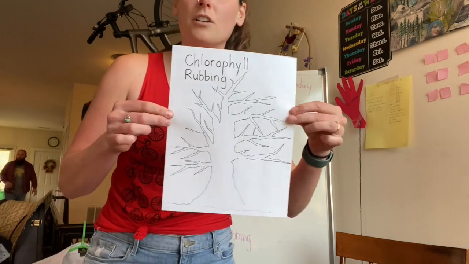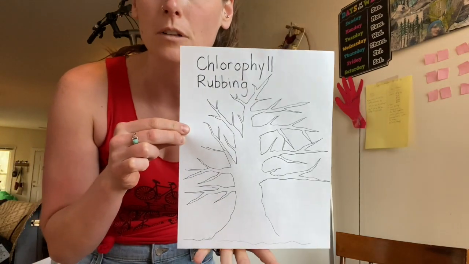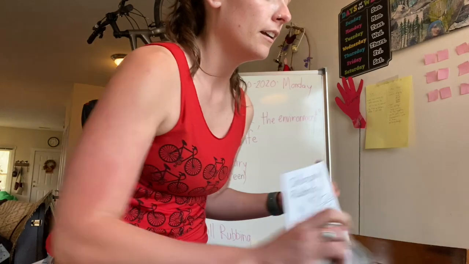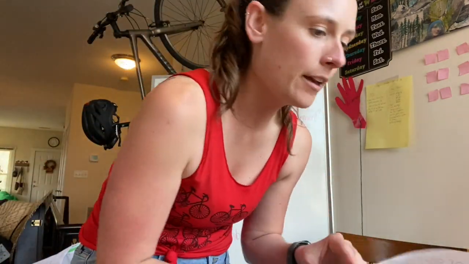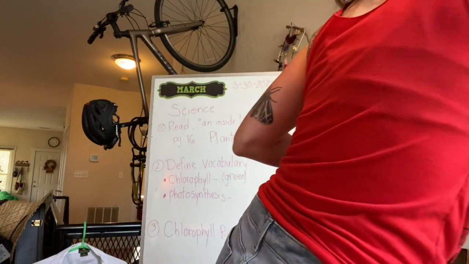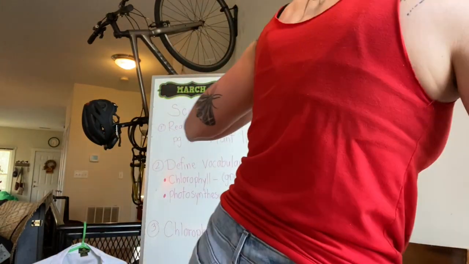So now that we have all of that done, let me step to the side here. You're going to either get a piece of paper and draw a tree on it and write chlorophyll rubbing. You're going to need your parent to help you to get some plants. Let me put this up here so you can actually see what I'm doing.